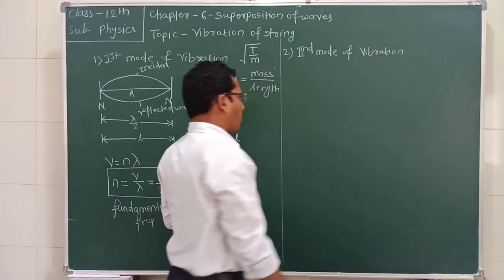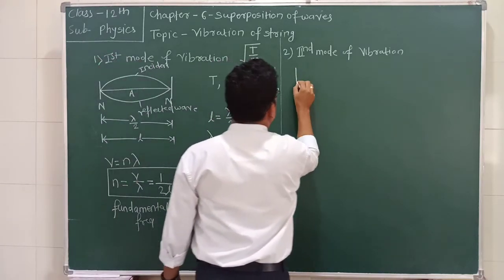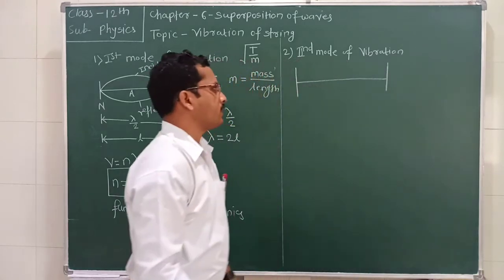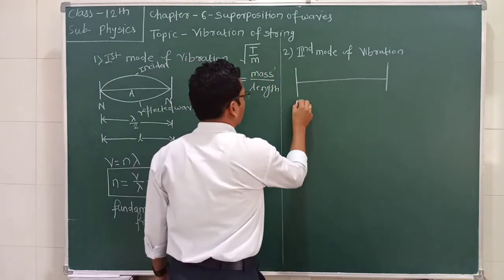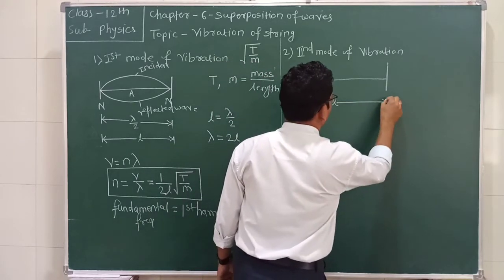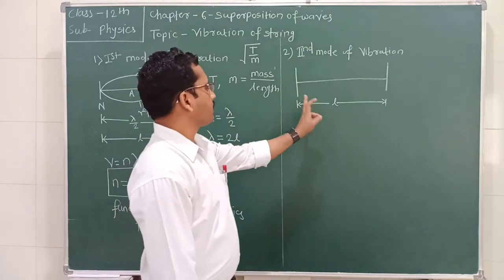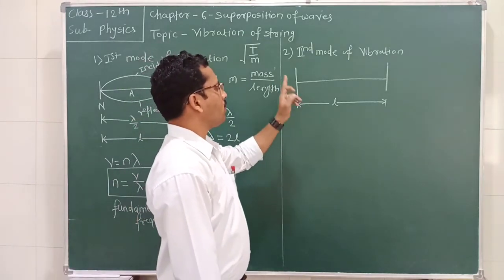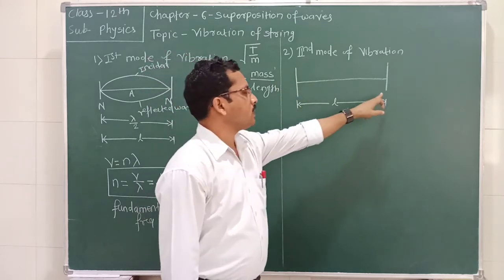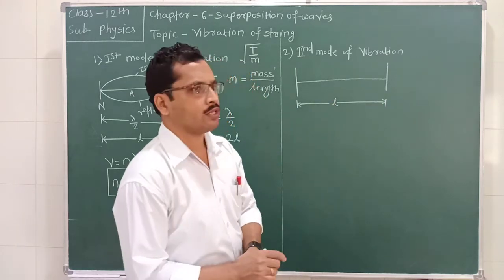What is the second mode of vibration? Consider this is a string having length L. In this vibration of the string, there are nodes formed at the rigid supports, and at the middle there is a formation of an antinode.